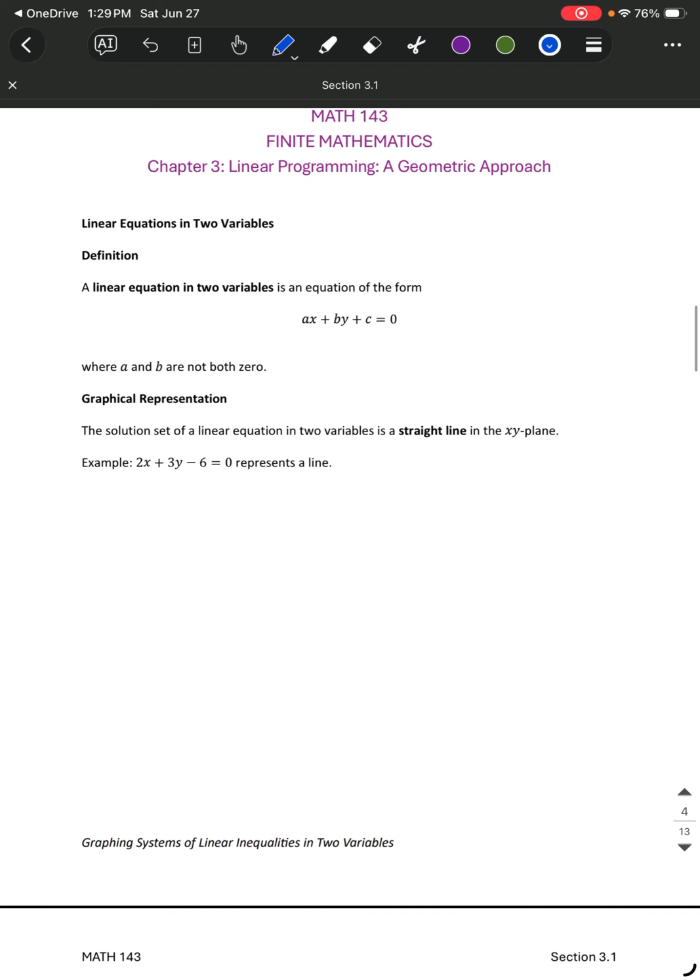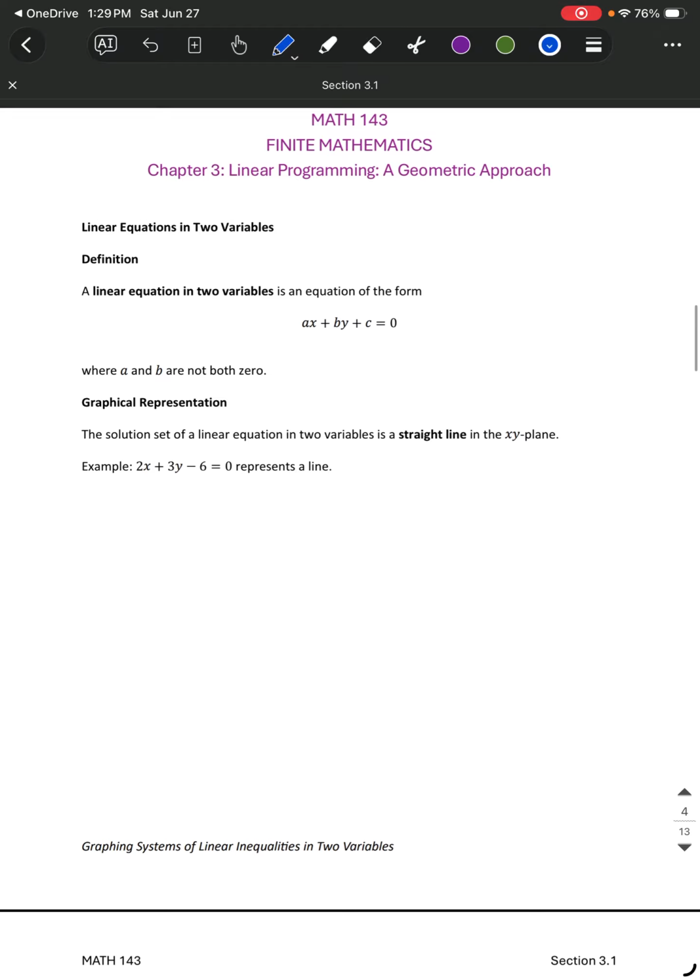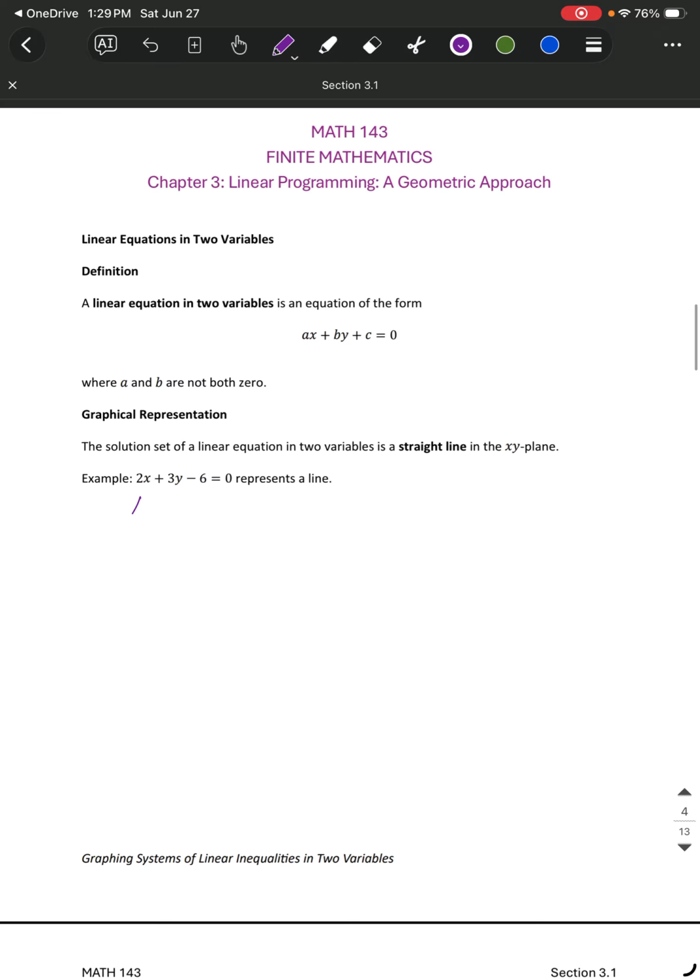One more example: 2x plus 3y minus 6 equals 0. Again, here we have ax plus by minus c equals 0, then ax plus by equals c.